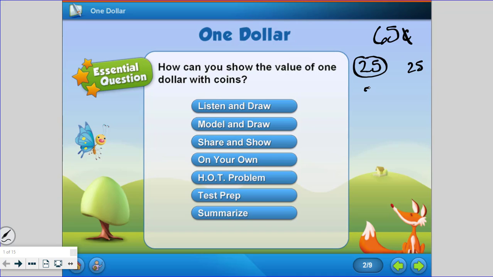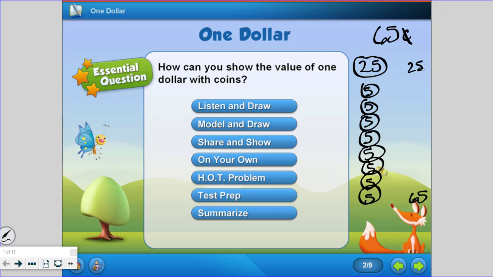So 25, 30, 35, 40, 45, 50, 55, 60, 65, and then we stop, right? And so each one of these guys is 1 nickel. So I'm going to draw my circles around them now. It's easier just to write the 5s and then go back and circle them, at least for me, using this pen. And so this is still 65 cents.